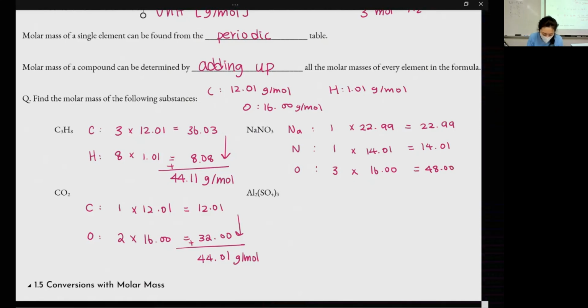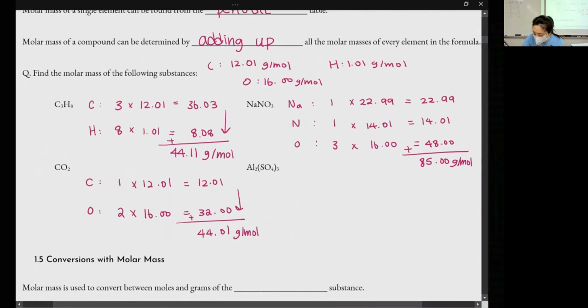So 22.99 plus 14.01 plus 48 would equal 85.00 grams per mole. Somehow it becomes a whole number.